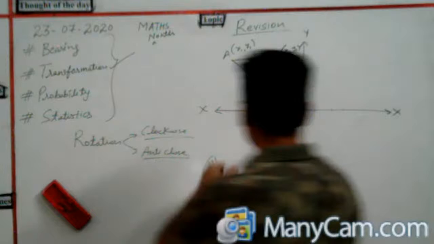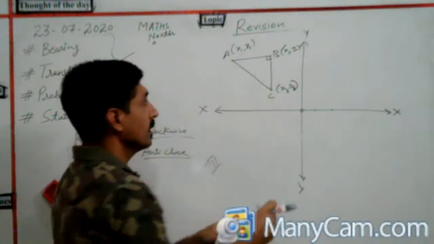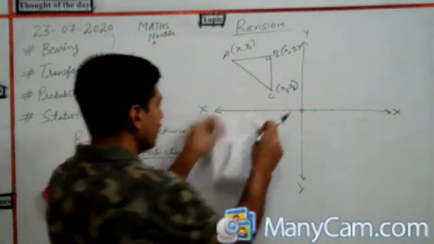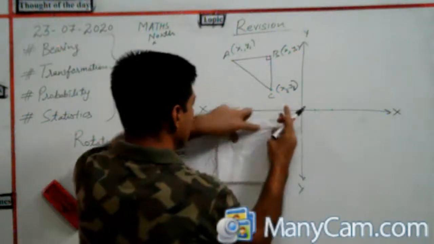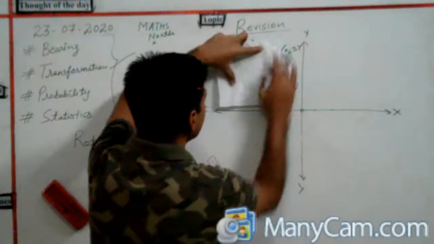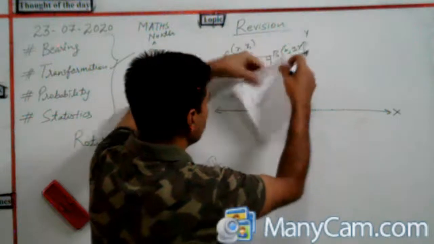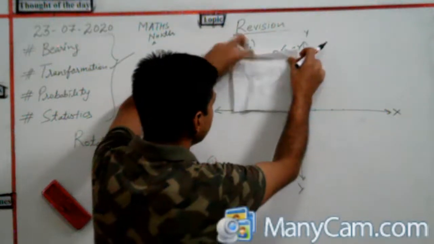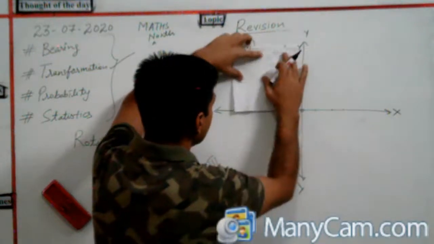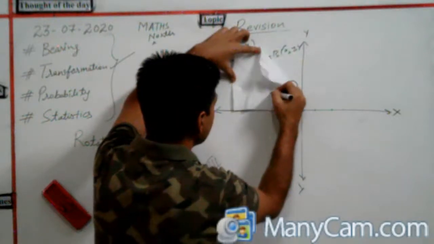Although this is the smaller one, I will draw the triangle here, that is ABC. Okay, this is the triangle ABC here. I am able to see this is A with respect to origin, right here. This is A here, this point is B here, and this point is C.